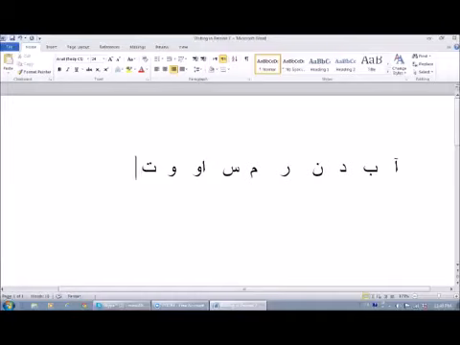We also learned E initial, with 2 dots under it, and E in the middle, like in Iran, where E at the beginning is this one.